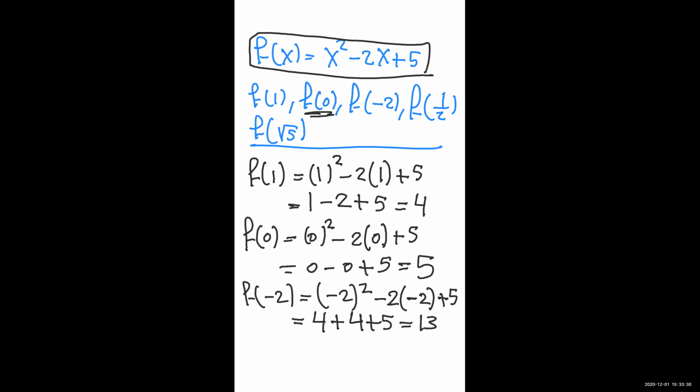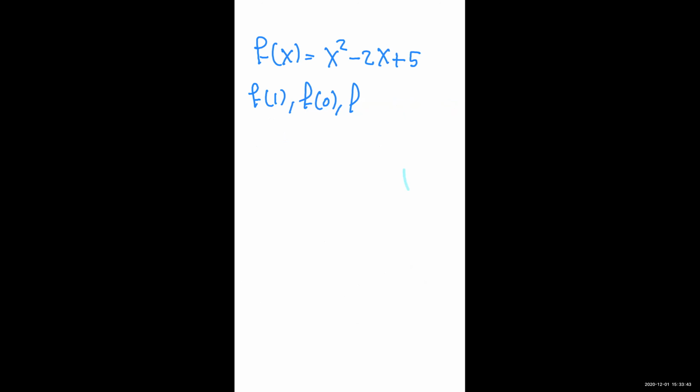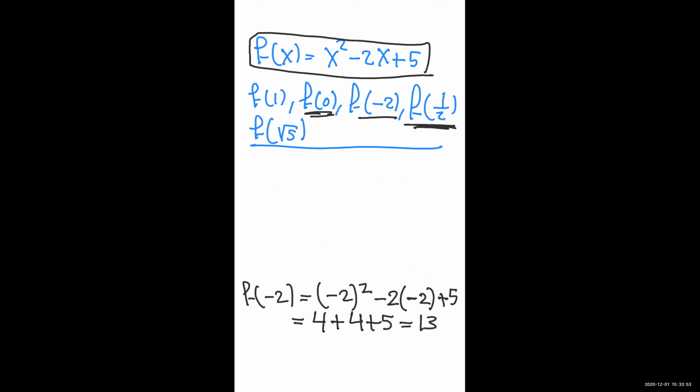The next one. We finished f of negative 2, then we have to get f of 1 over 2. So let me clear this part about f of 1 and 0 and continue. Okay, now f of 1 over 2.